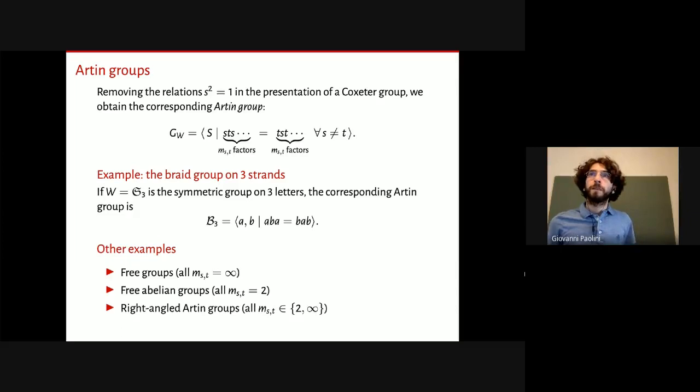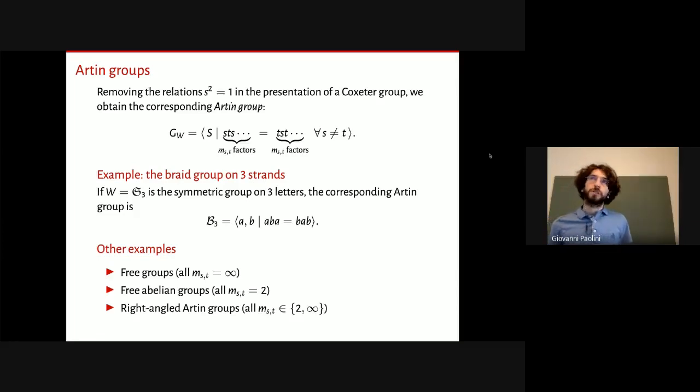You can take any Coxeter group with its Coxeter presentation that we have just seen, and you can remove the relations S square equals 1 for all generators S. So you don't force anymore the generators to be involutions. And you get, therefore, a presentation of this type here, where only the pairwise relations between the generators are there.